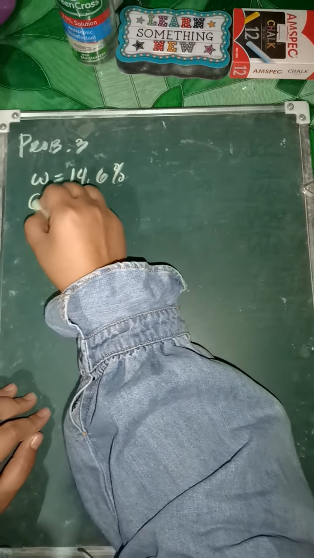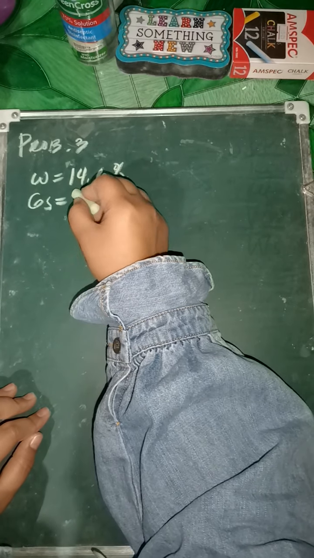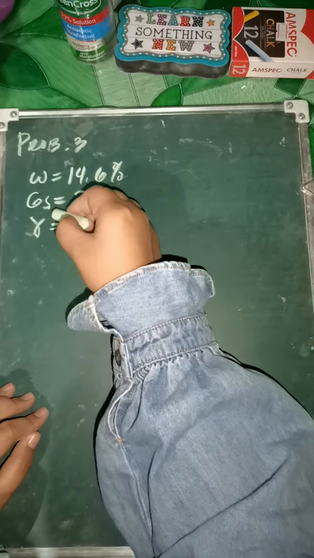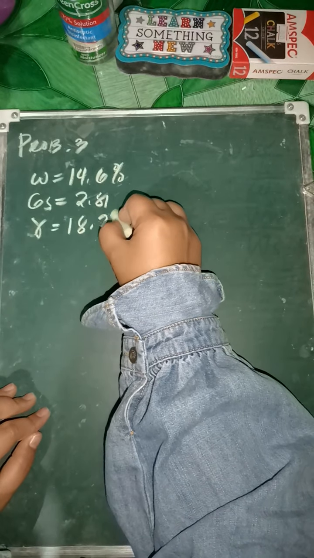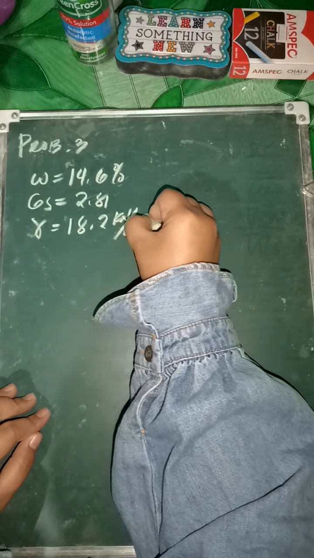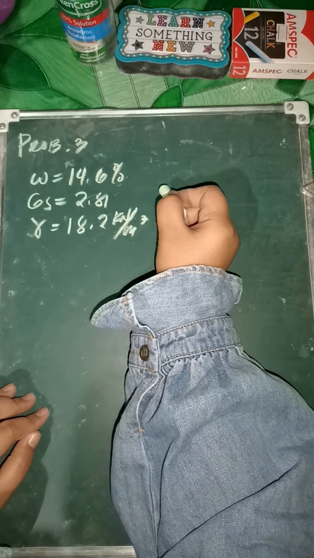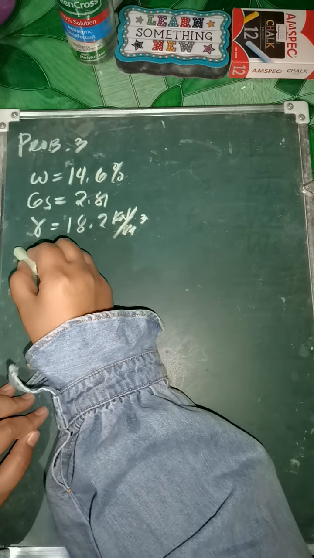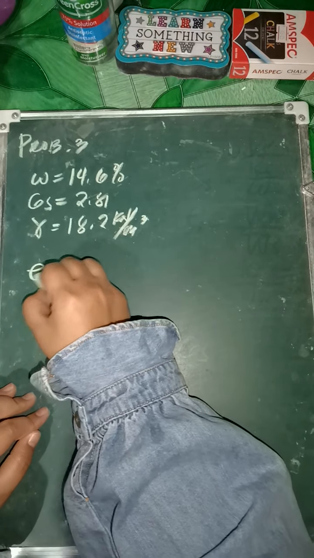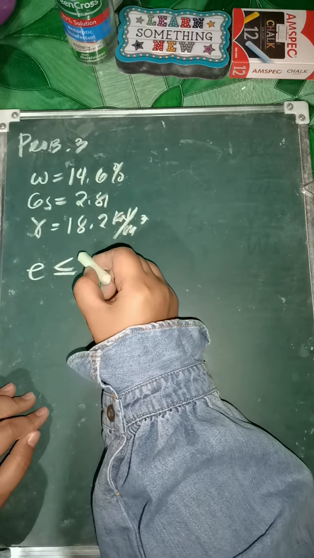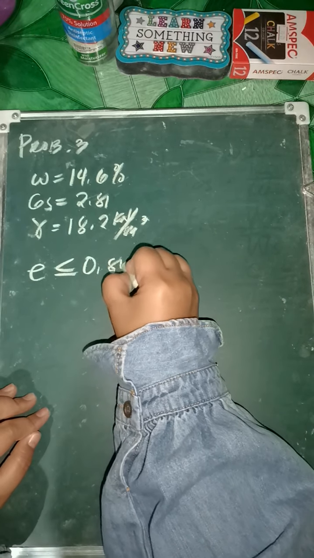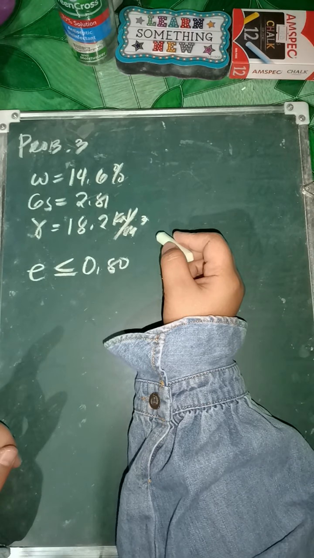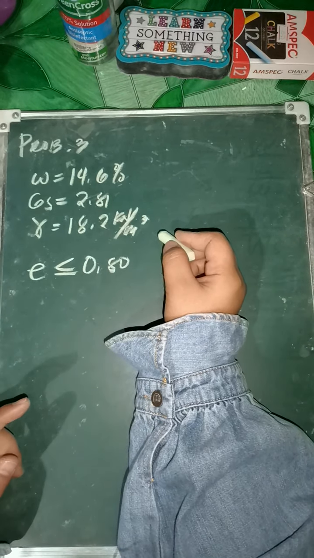We have the specific gravity that is equivalent to 2.81, and we have the unit weight of the soil that is 18.2 kilonewton per cubic meter. So there is a requirement here. The specifications require that the E should be lesser or equal to 0.80. Okay, so the question is, has the contractor complied with the specifications?